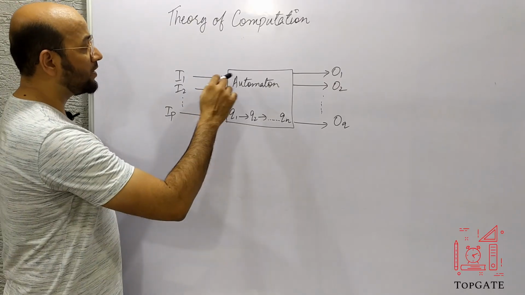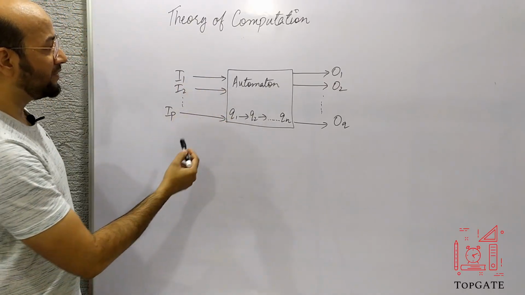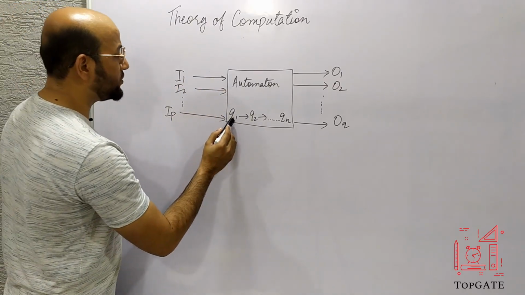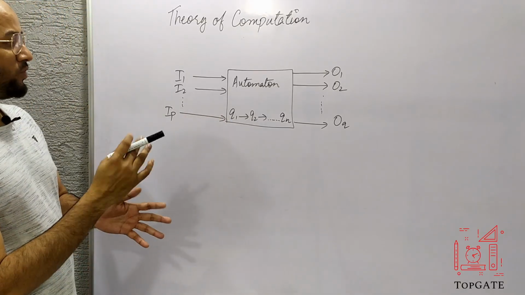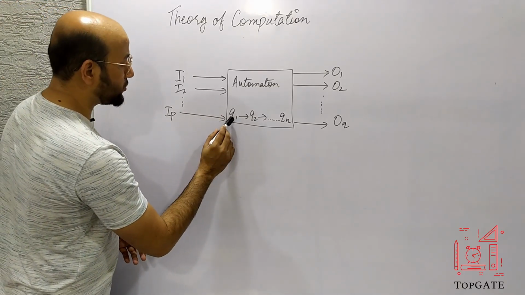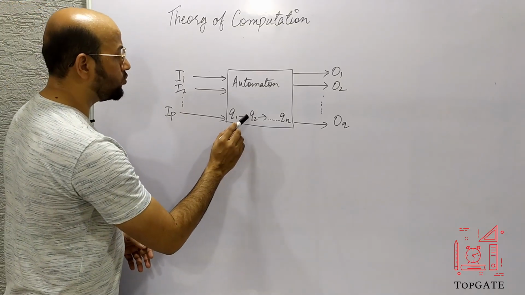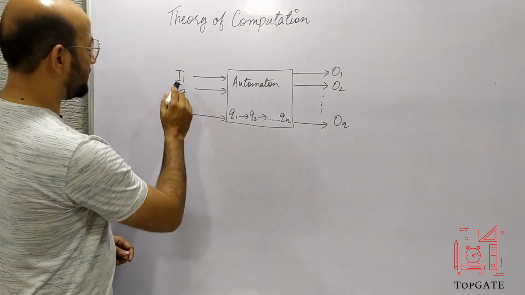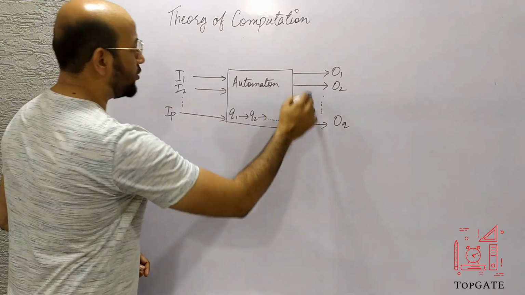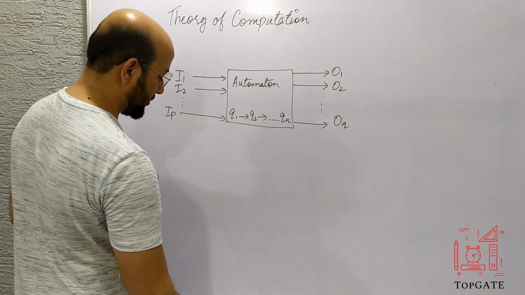While processing this input, the automaton transits from one state to another. That is, while converting the input to the output, it transits from one state to another, Q1, Q2 up to Qn. So these are the characteristics: the input is there, the output is there, and a state is there.